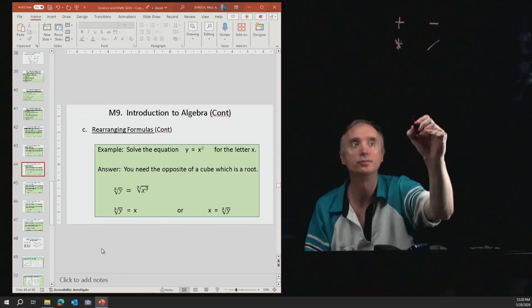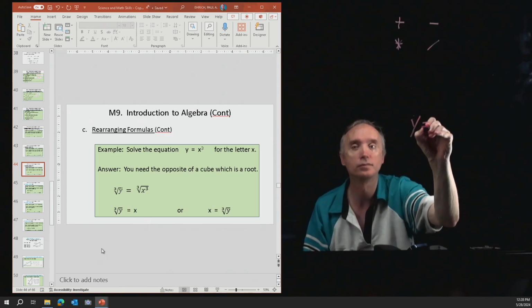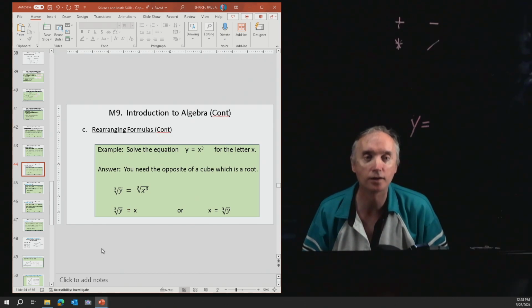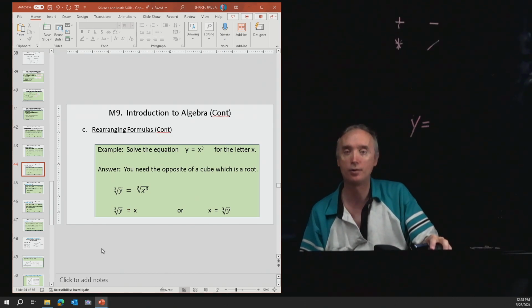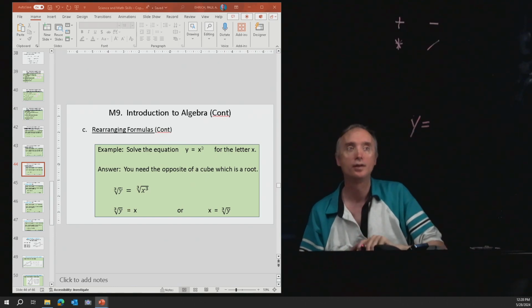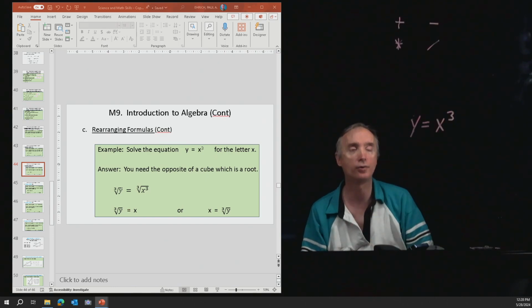So this time we're going to have that y is going to be equal to x raised to the third power. So excuse me here. Yep. So y is going to be x raised to the third power.